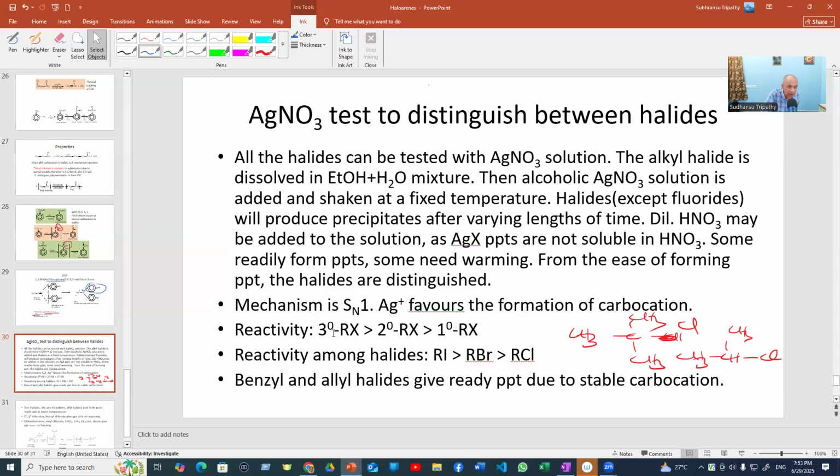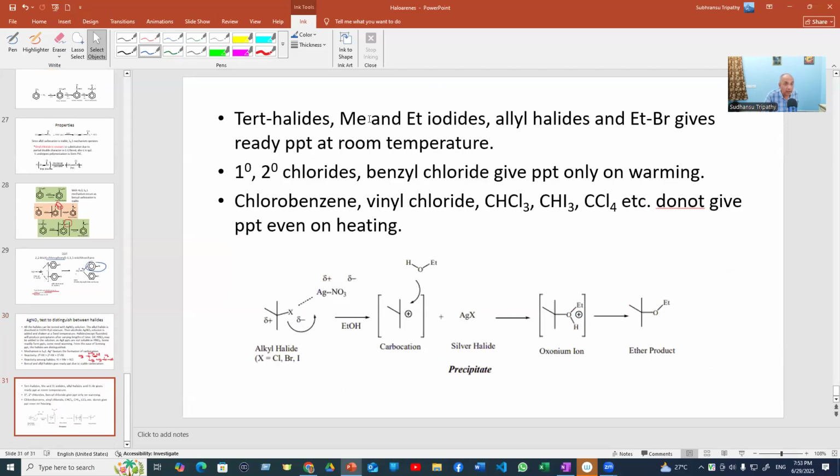The reactivity order is 3 degree greater than 2 degree greater than 1 degree halide, because carbocation stability goes in that order. Among iodide, bromide, chloride, iodide is most reactive, then bromide, then chloride, because of the leaving group ability. Now, this is most important.